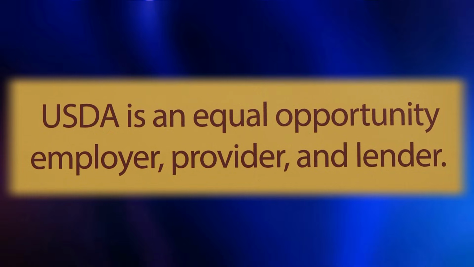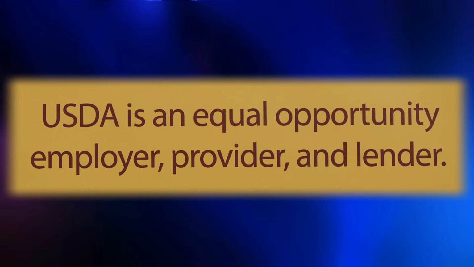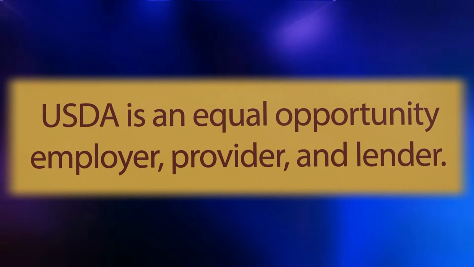Now, let's get started with your rights as an applicant. USDA is an equal opportunity employer, provider, and lender. USDA civil rights regulations and policies prohibit discrimination in agency programs for any reason.